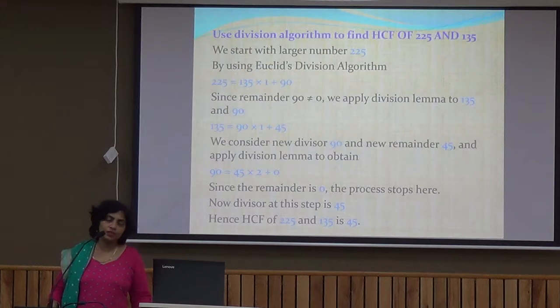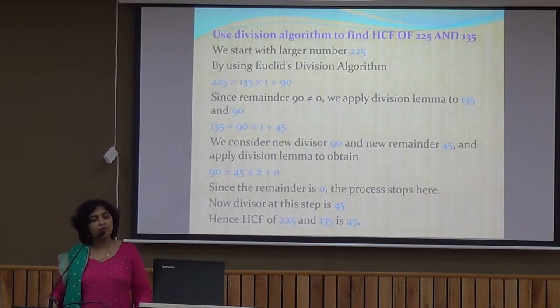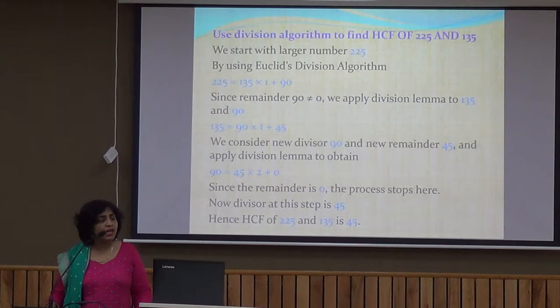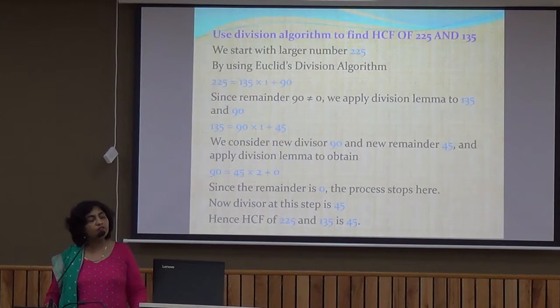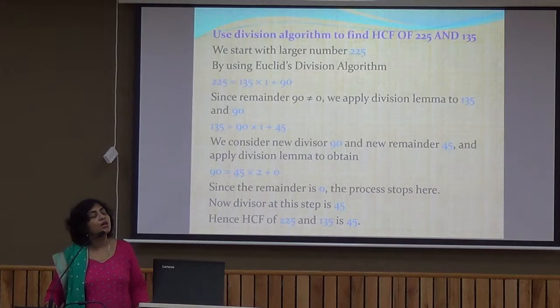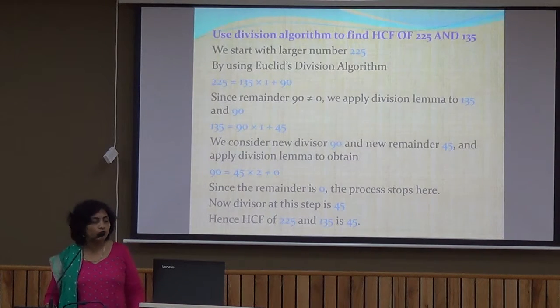We divide 135 by 90 to get 135 as 90 into 1 plus 45. Our divisor is 90 and 135 is the dividend. Now 45 is the remainder, which is again not 0. We will have to apply the lemma one more time.